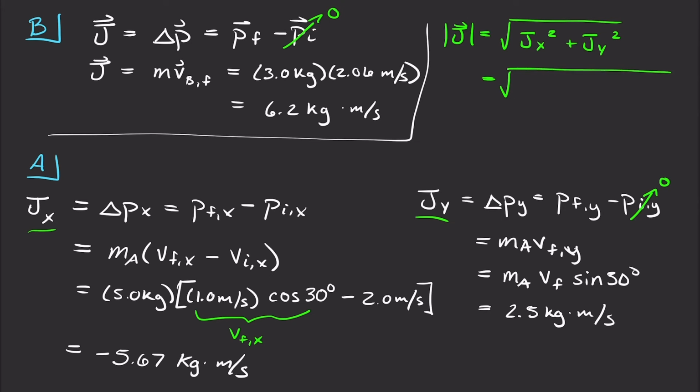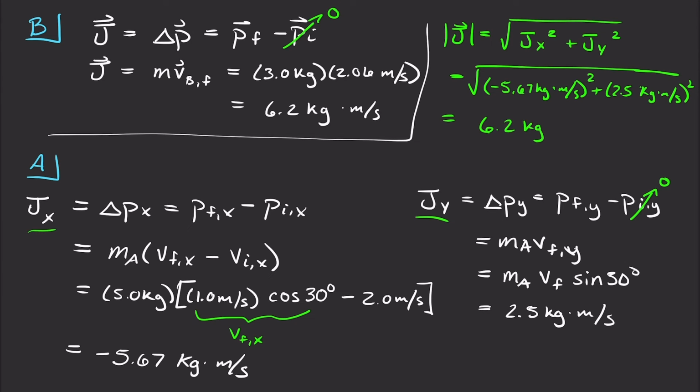That gives us the square root of minus 5.67 kilogram meters per second, all squared, plus 2.5 kilogram meters per second squared, and we get 6.2 kilogram meters per second.